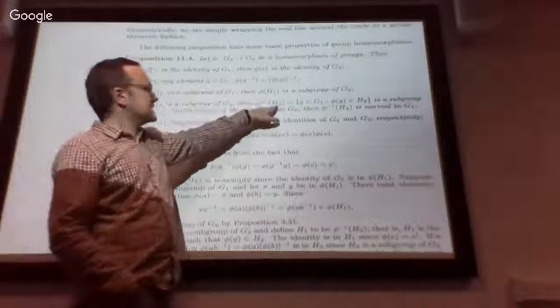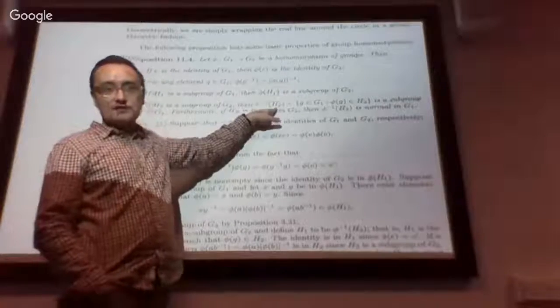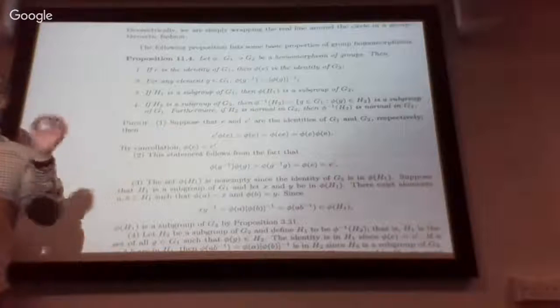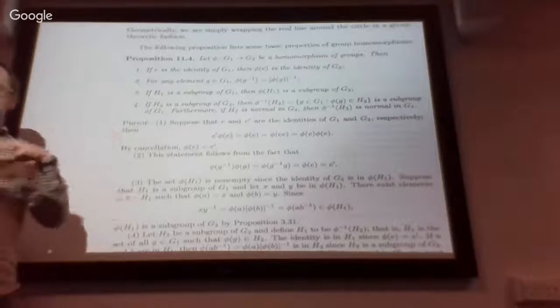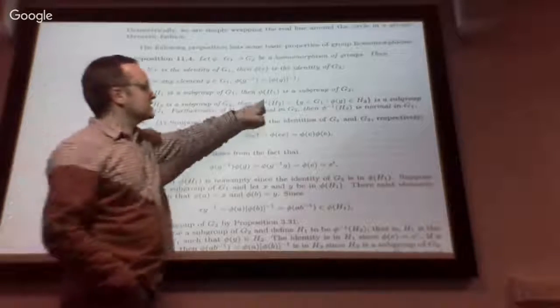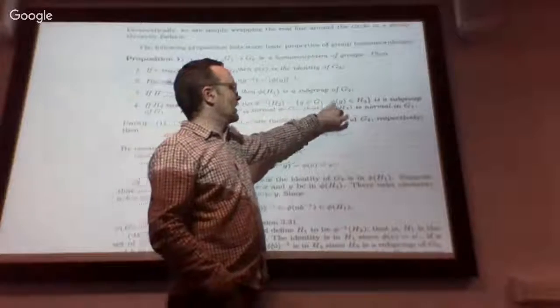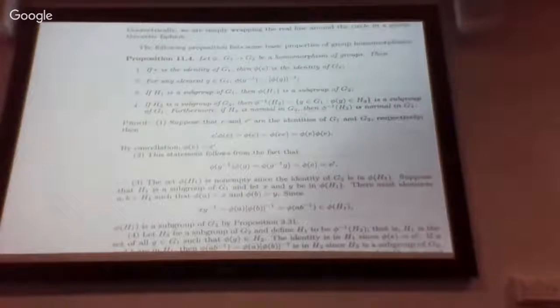But we're not applying it to elements of H2, we're applying it to a subset of G2. And that can be defined perfectly well, no matter whether phi is injective or surjective. So phi inverse of H2 is just defined to be the set of everything in G1 that got sent into an element of H2. So you have H2 within G2, a subgroup, and you drag it back using phi.